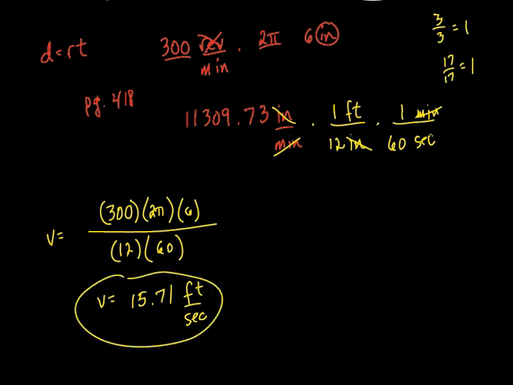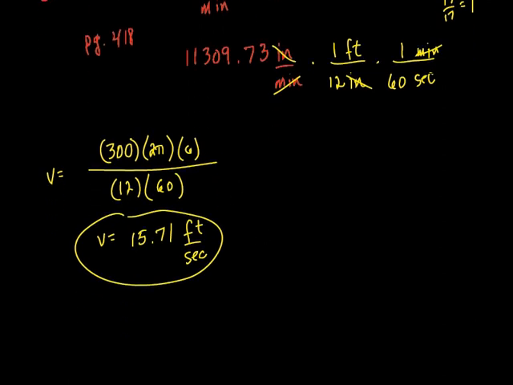Now look, they don't ask you to do this, but I'm going to do this because they may ask you to change it to miles per hour at some point. Alright, so let's do that. In fact, let's do this.